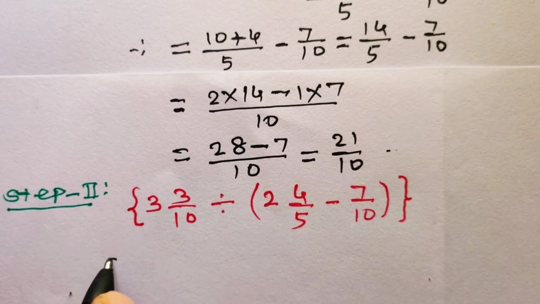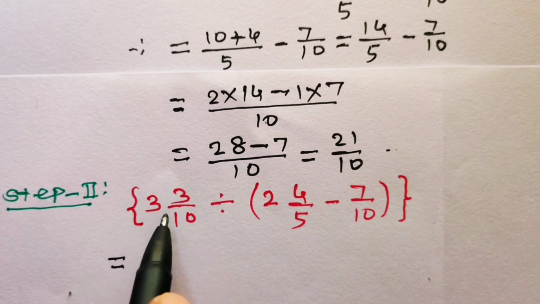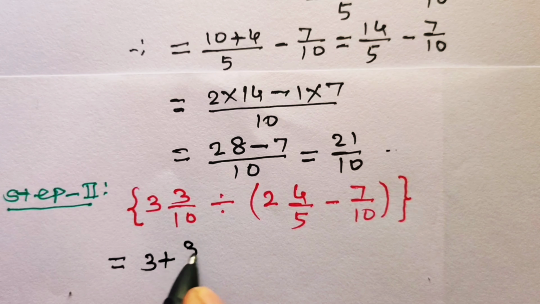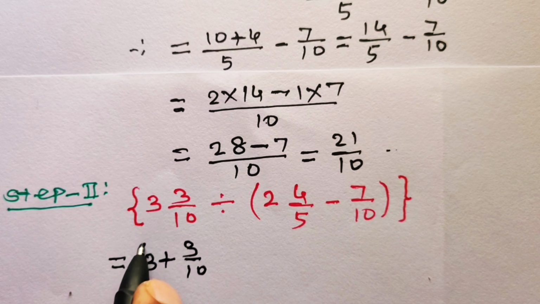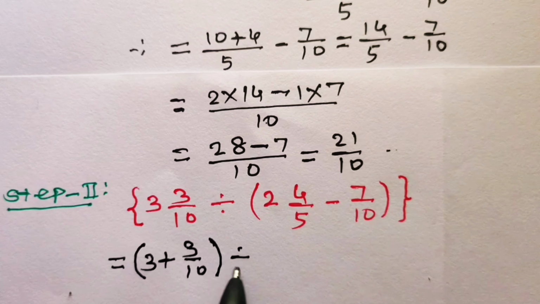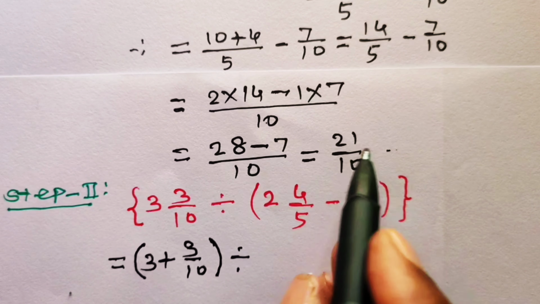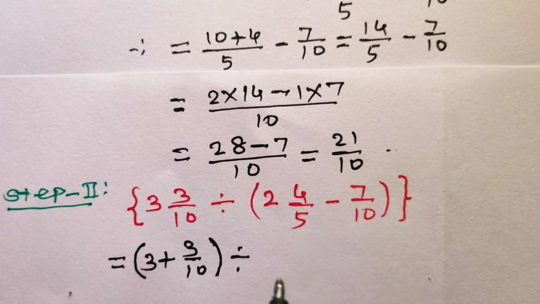So this is equal to, this mixed number we can write as 3 plus 3/10 and keep it in one bracket, divided by the value of this bracket, which is already obtained, and which is 21 over 10.